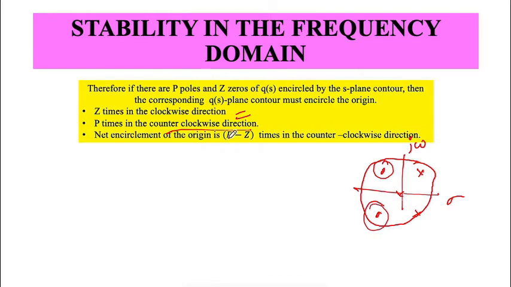The net encirclement is p minus z in the counterclockwise direction, in this example 3 minus 2 is 1, which means we are encircling in the counterclockwise or anti-clockwise direction.